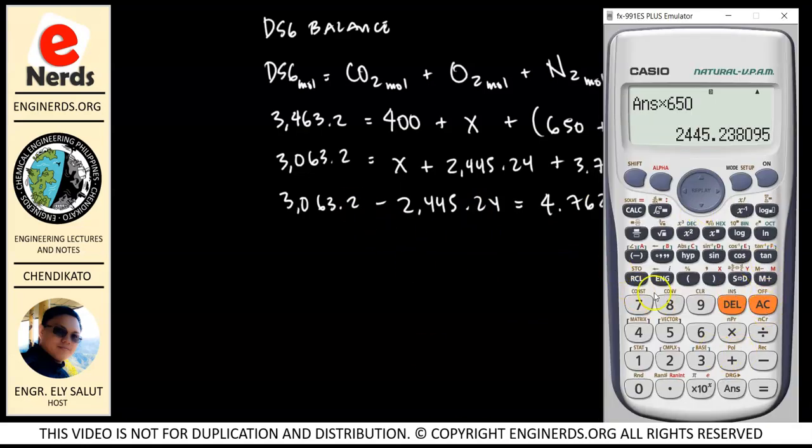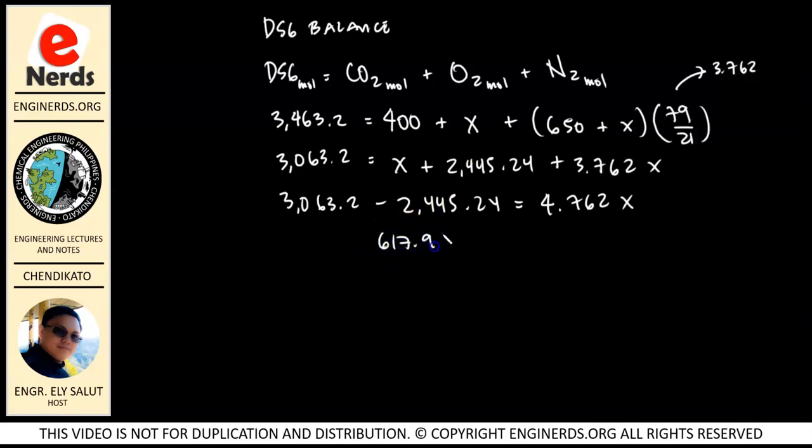We have 3,063.2 minus our previous answer, which is 617.962. Okay, is equal to 4.762x.